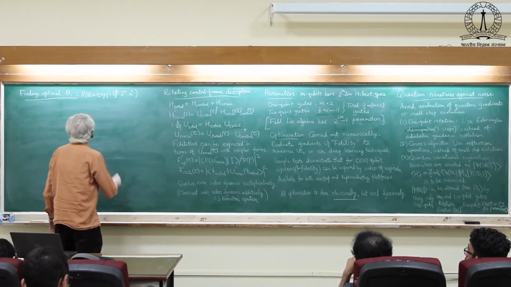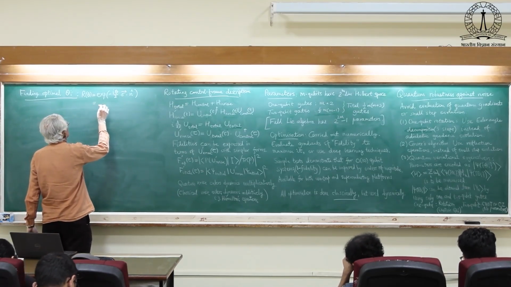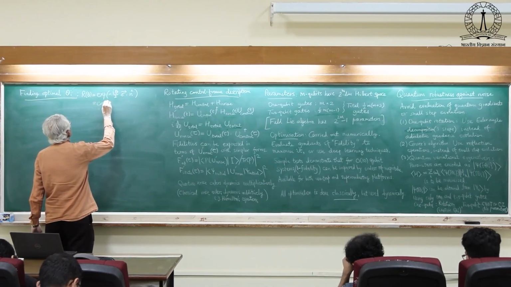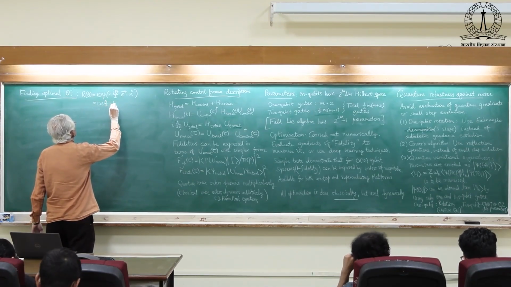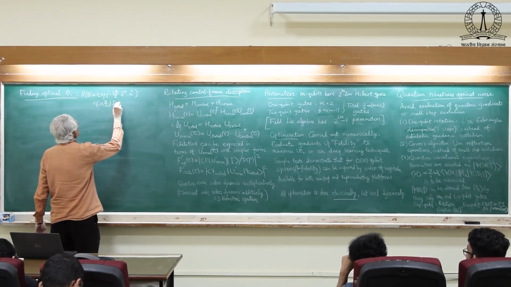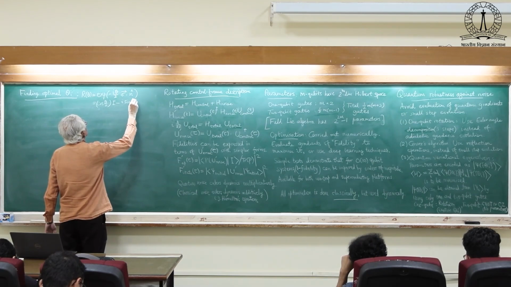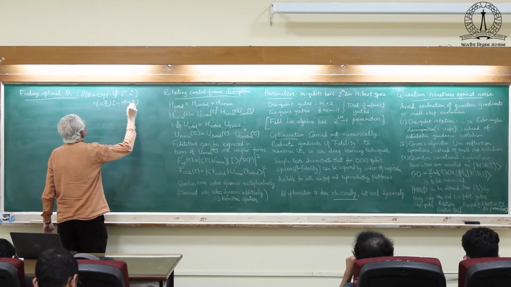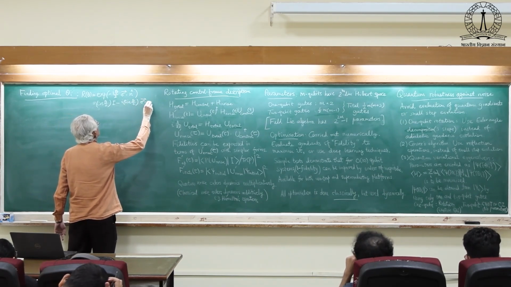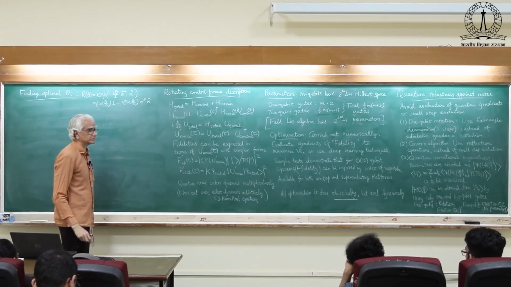That is the standard convention, and you can write it as cos theta by 2 times identity minus i sin theta by 2 times sigma dot n.